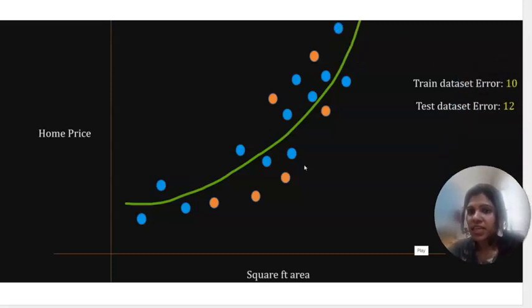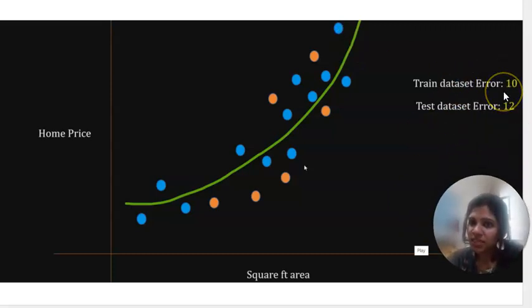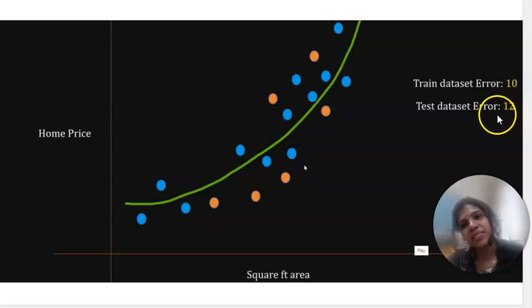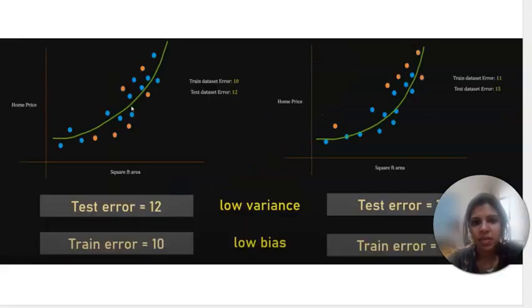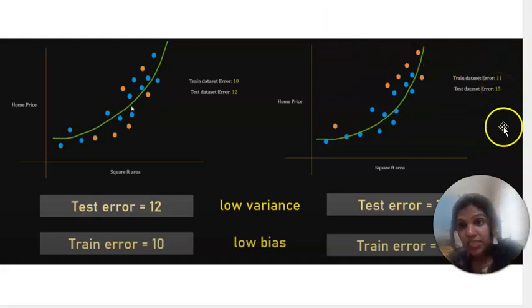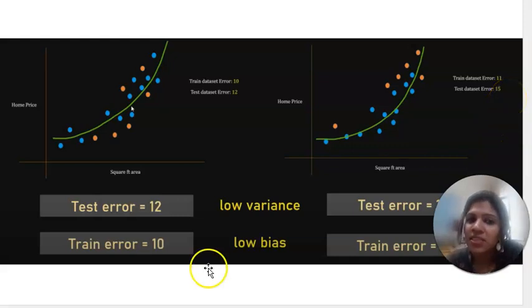Here the train error is 10 and the test data set error is 12. If we draw the exponential line through another set of training data, again the train error is 11 and the test error is 15. That means there is low variance in test error, between 12 and 15. Low variance, low bias also.